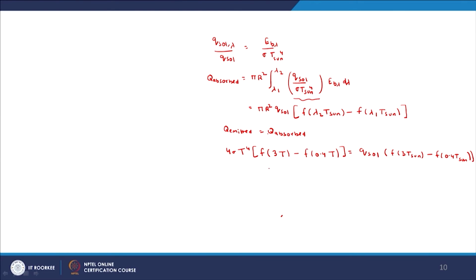So, we will apply an iterative method to solve for unknown T. And when we do that, we get the temperature of the sphere as around 600 Kelvin.